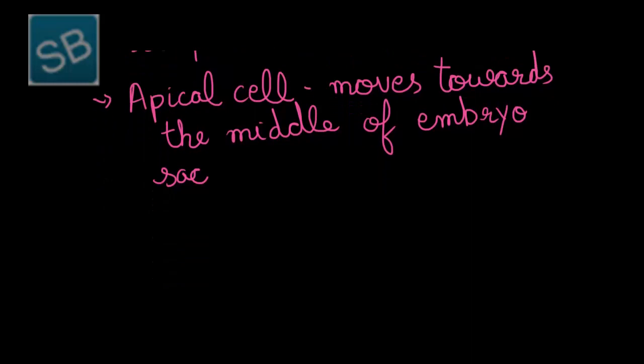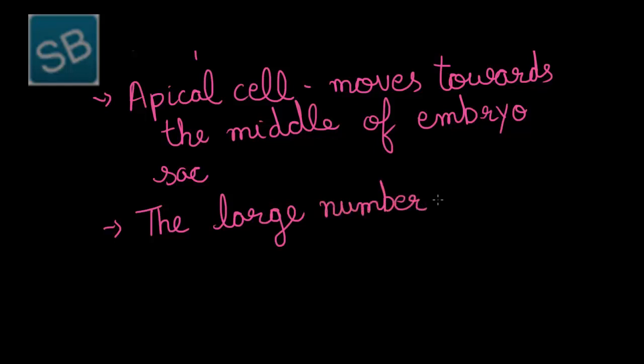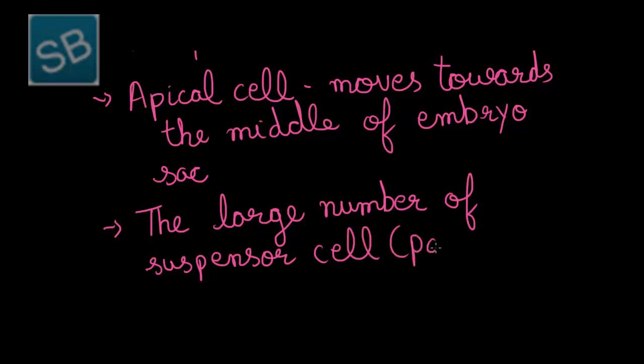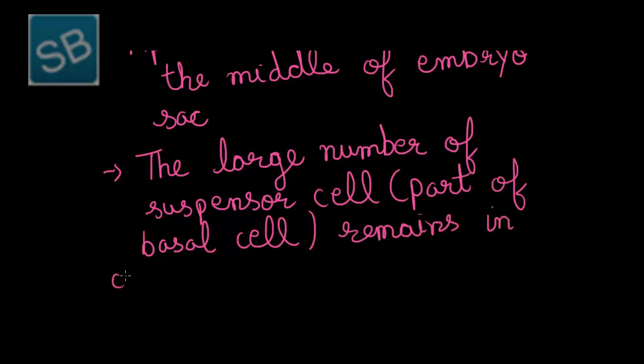Therefore, the large number of suspensor cells which are a part of basal cell, which remains in contact with the apical cell, is called hypophysis.